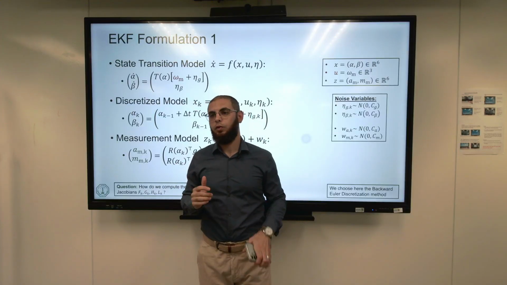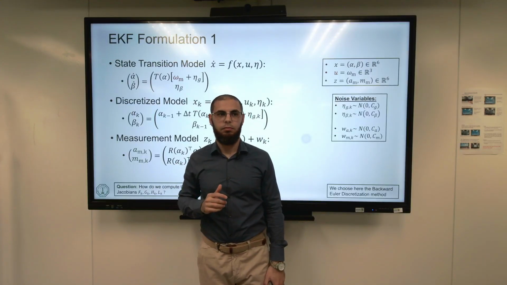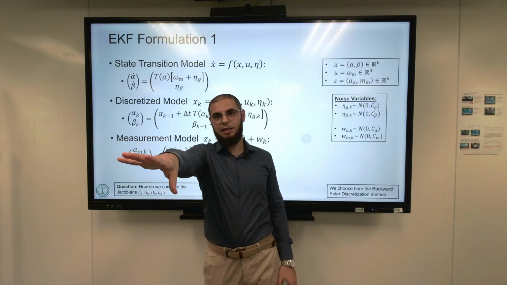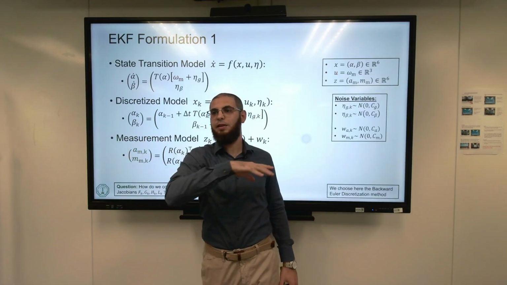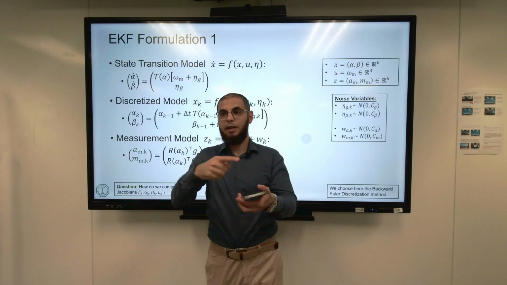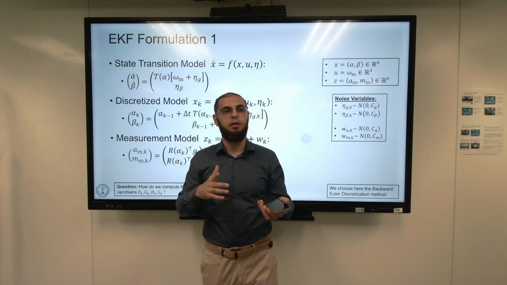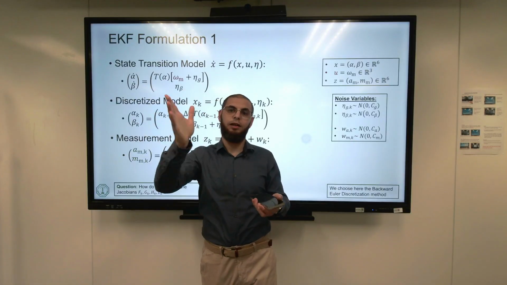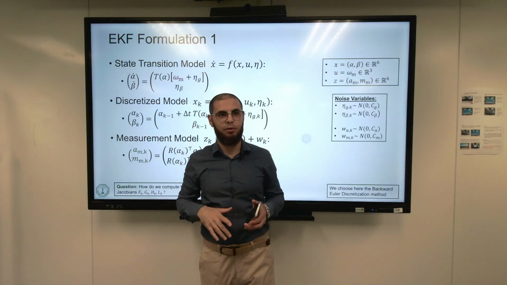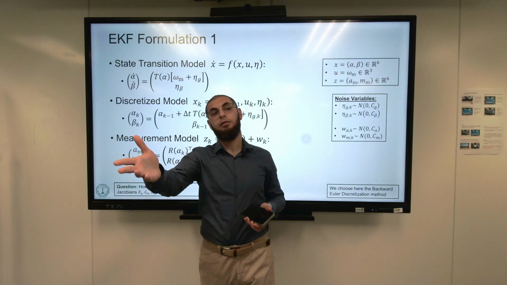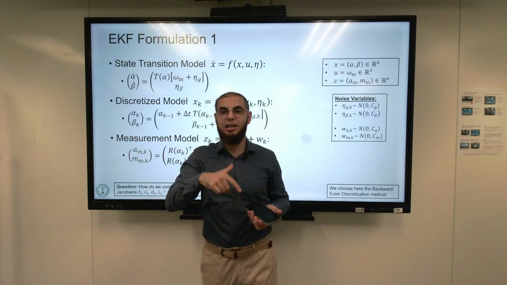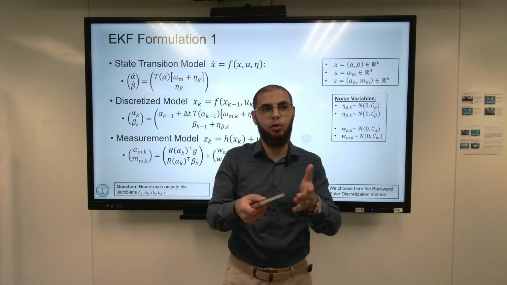Which one is the correct one? Let's say Jassim has the second one and Muhammad has the first one. Muhammad is faster, which means for example I can run it at 1000 hertz, but you're slower, so I need to run it at 100 hertz maybe, just approximately. But you're more accurate. How can I know actually that you are accurate? Where is the ground truth here?